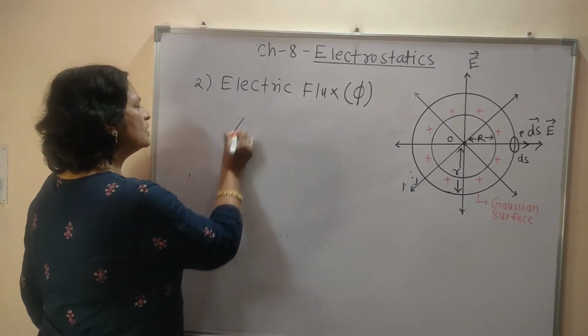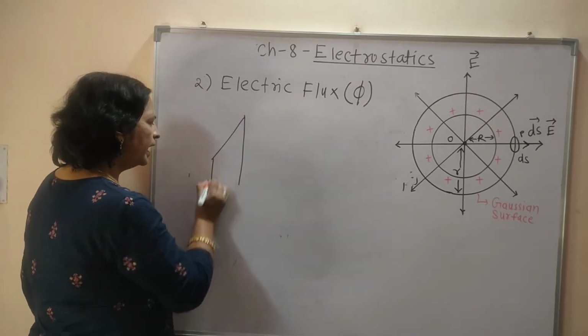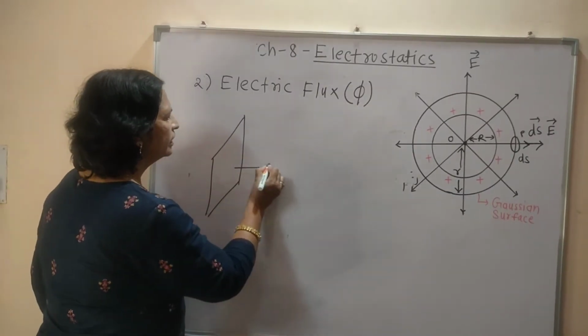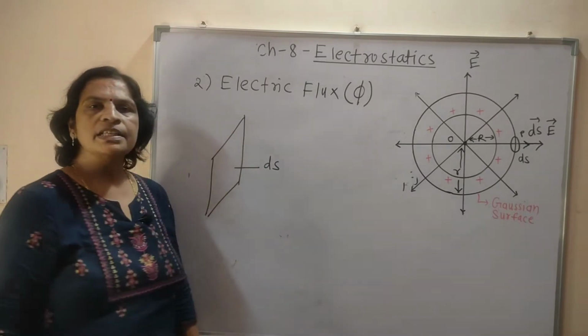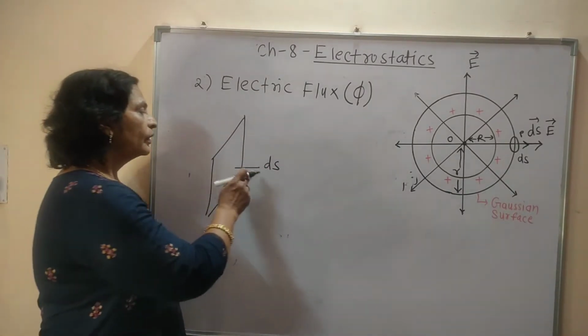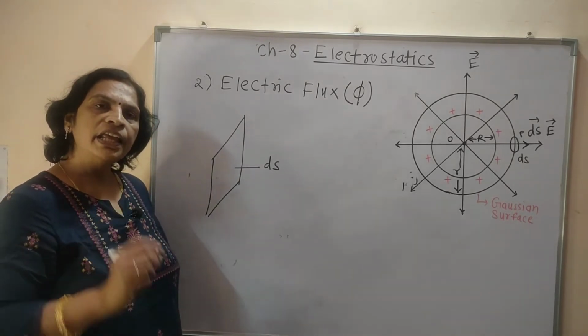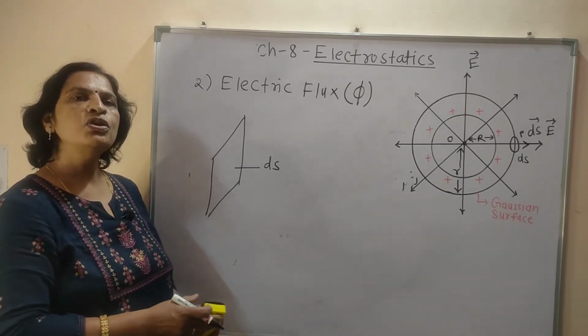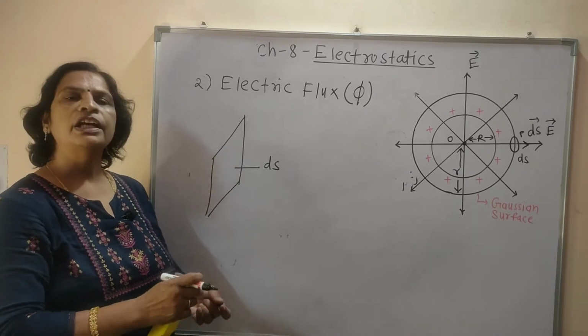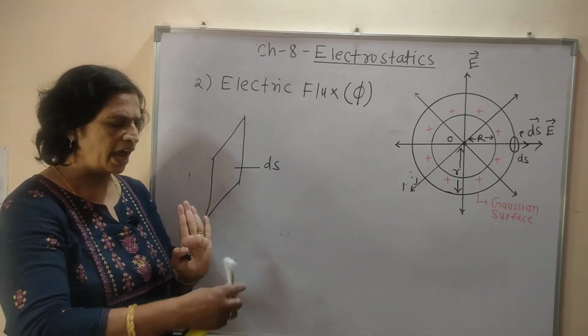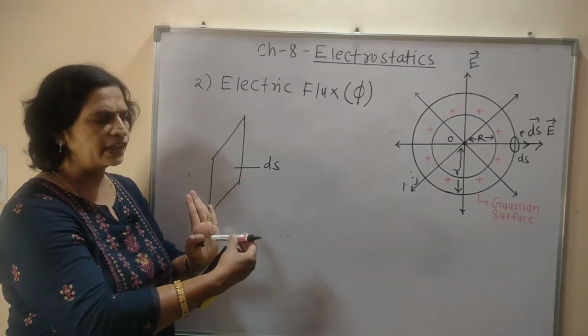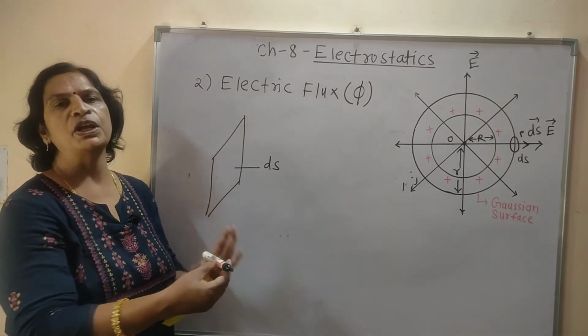Then suppose this is an area ds. Now ds is an area vector, and the direction of the area vector is always perpendicular.